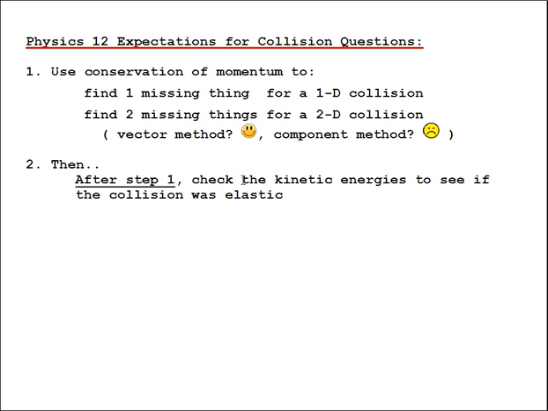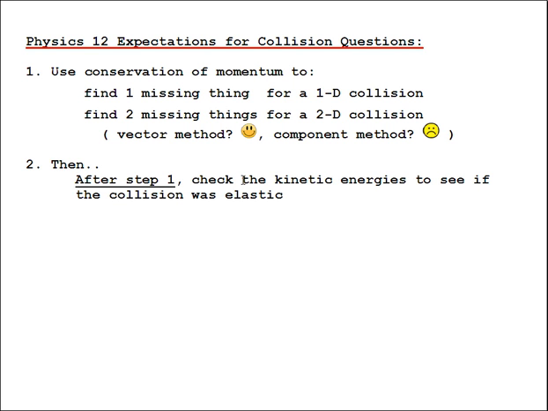Okay, here's the expectations on you as a Physics 12 student for collisions. I would expect that you would use conservation of momentum to find one missing thing if it's a one-dimensional collision, just like we've done before spring break. Or if it's a two-dimensional collision, I would expect you to be ready to find two missing things.